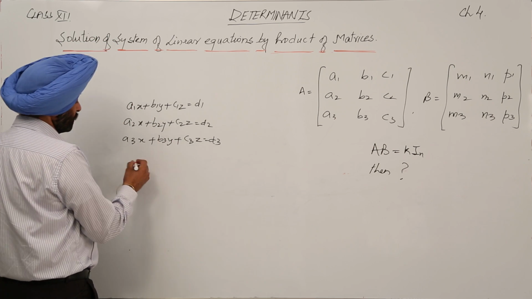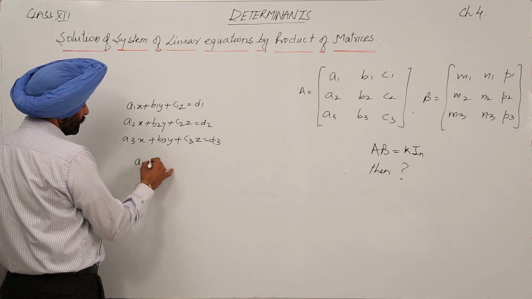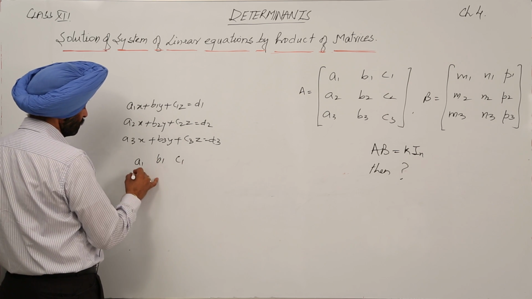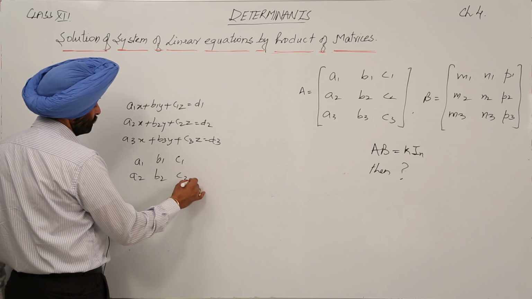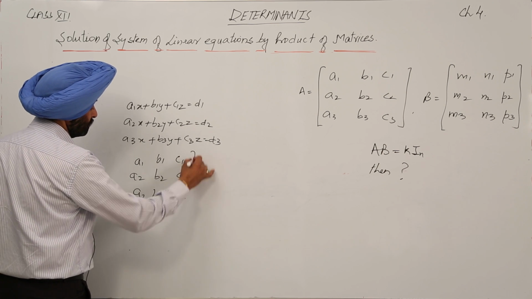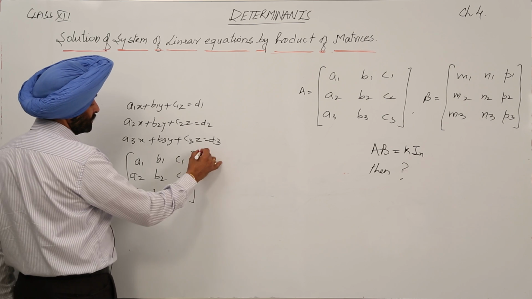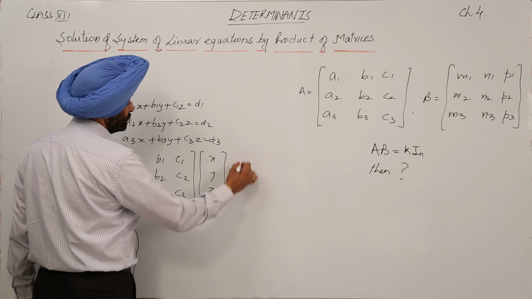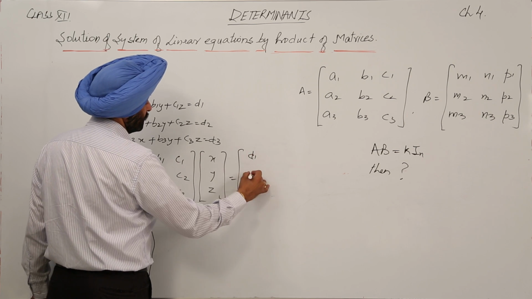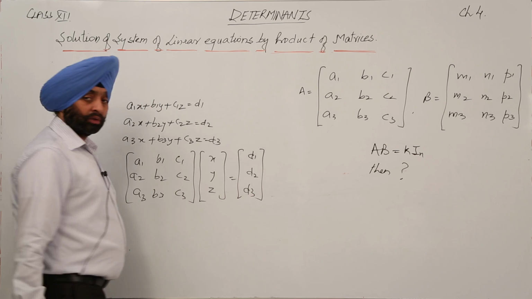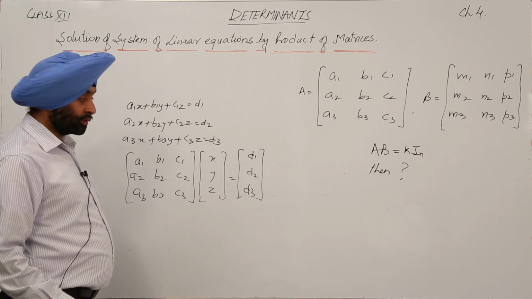We are already aware of it, it will be A1 B1 C1, A2 B2 C2, A3 B3 C3, then X Y Z is equal to D1 D2 D3. The linear equations we are going to write in matrix form like this.